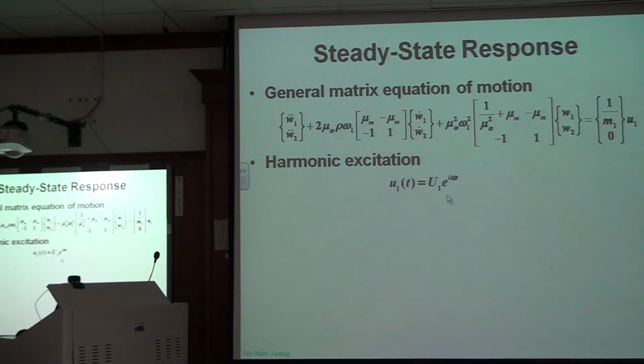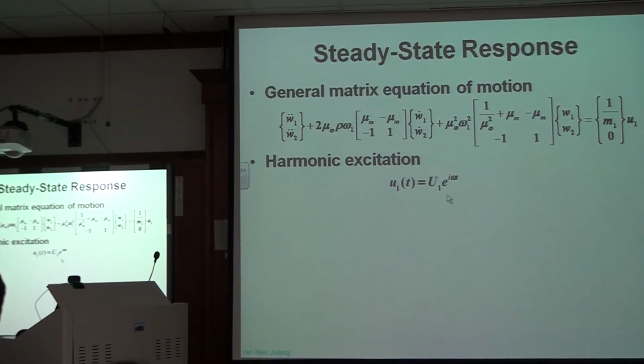E1 e^{iωt}, in theory, means E1 is a constant vector, times cosine ωt plus i sine ωt, right?